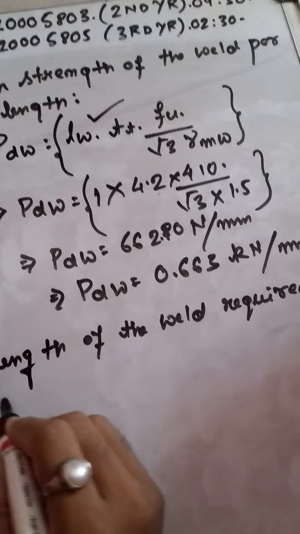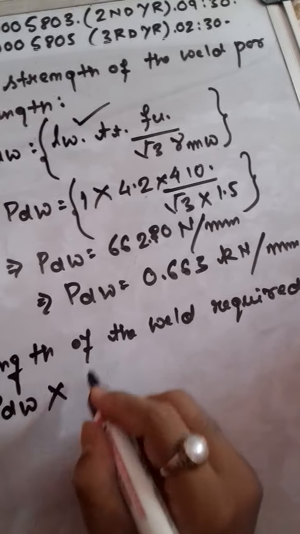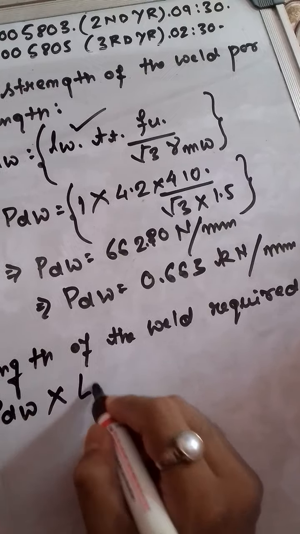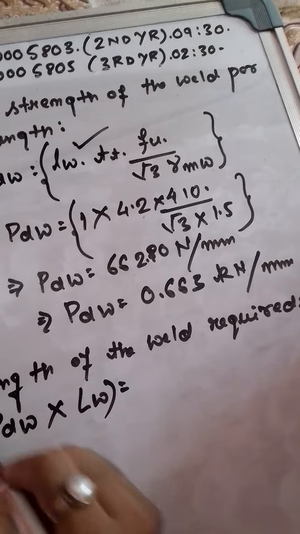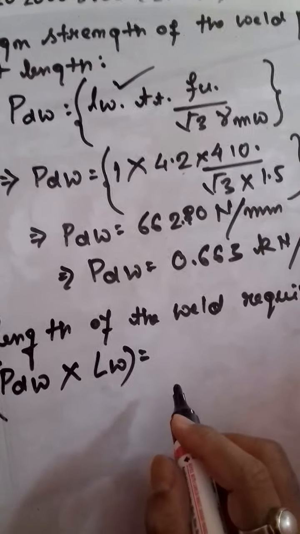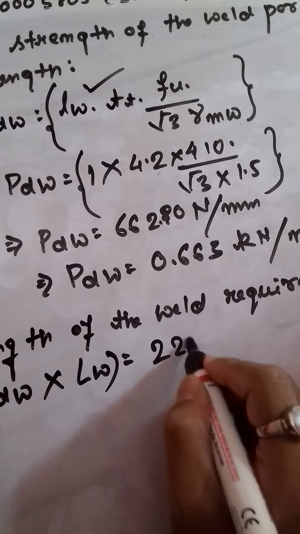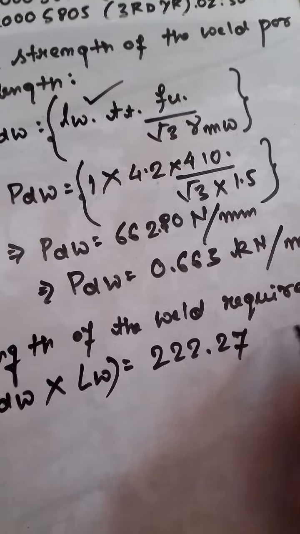That is PdW multiplied by the total length of the weld should be equal to the total load carried by the weld. So we know that the total load carried by the weld was equal to 222.27, right?